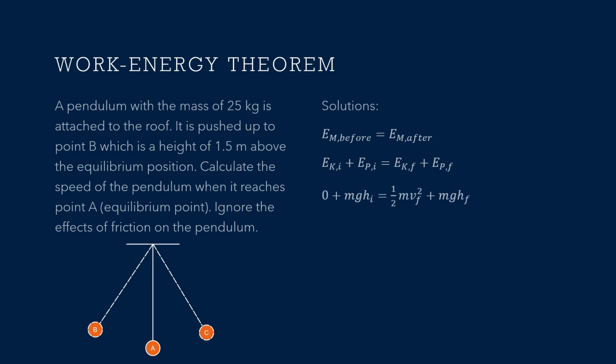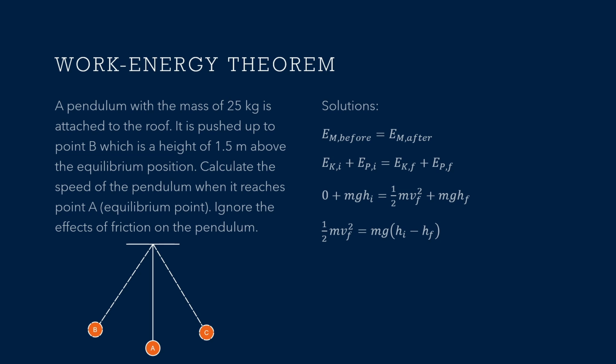And I know that those formulas are represented by the following formulas. And now I'm going to try and make velocity the subject of the formula. So I have moved 1/2 m vf squared to the left hand side and everything else to the right hand side.